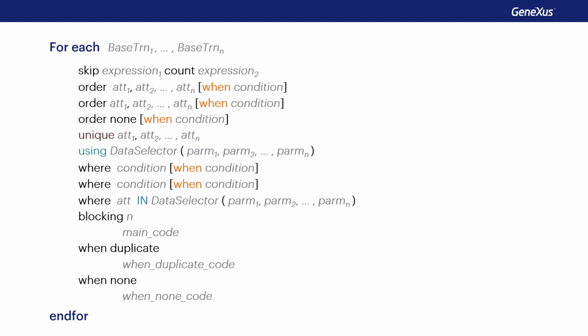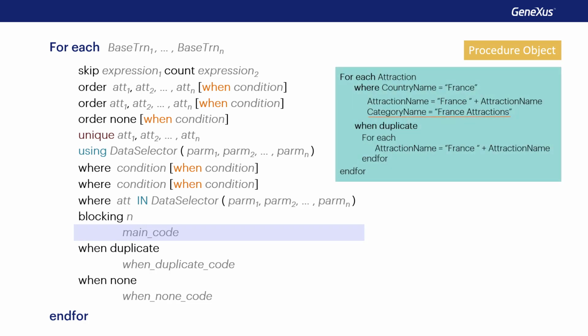For the case in which we're in a procedure, and in the main code we want to update attributes that are candidate keys, the following happens. Let's suppose that we're processing the record n that passes the filters. That is, we are in iteration n of the for each, where the code for the previous n-1 records was already executed.